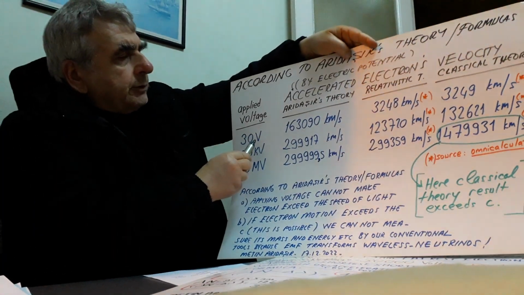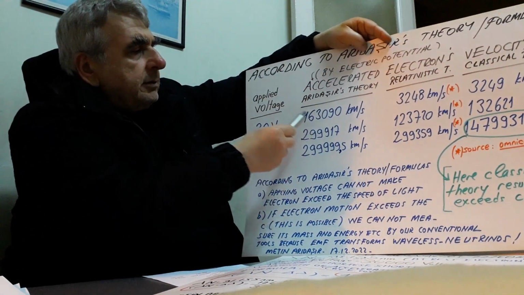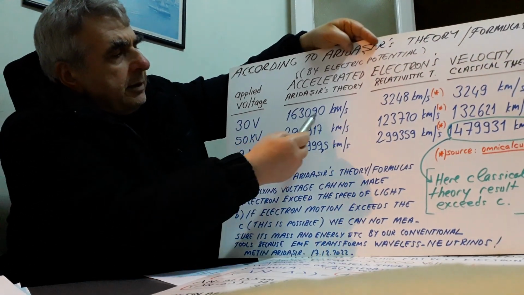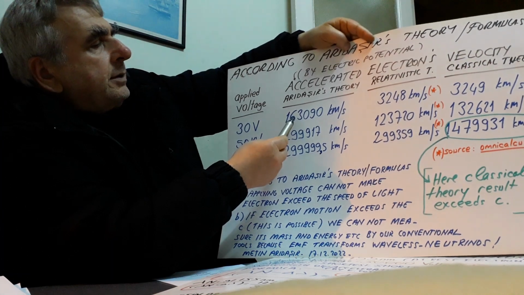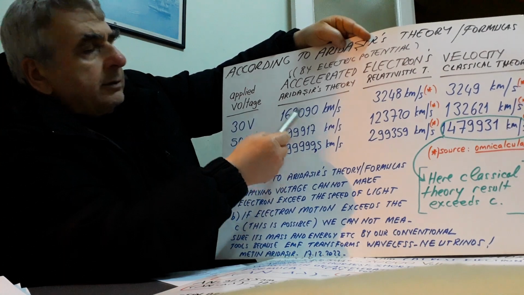For 30 volts, according to my theory, the electron gains a velocity of 163,090 km per second.